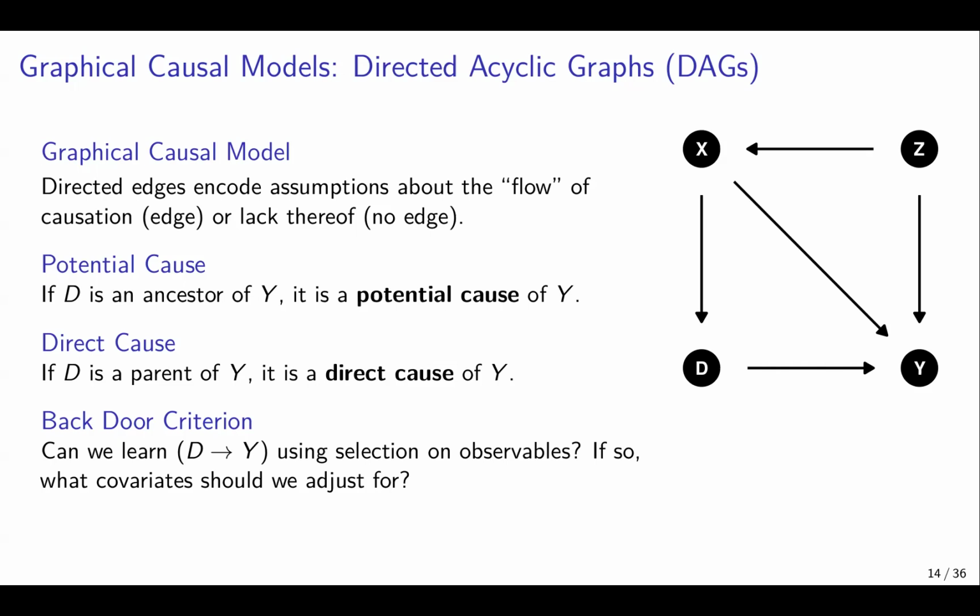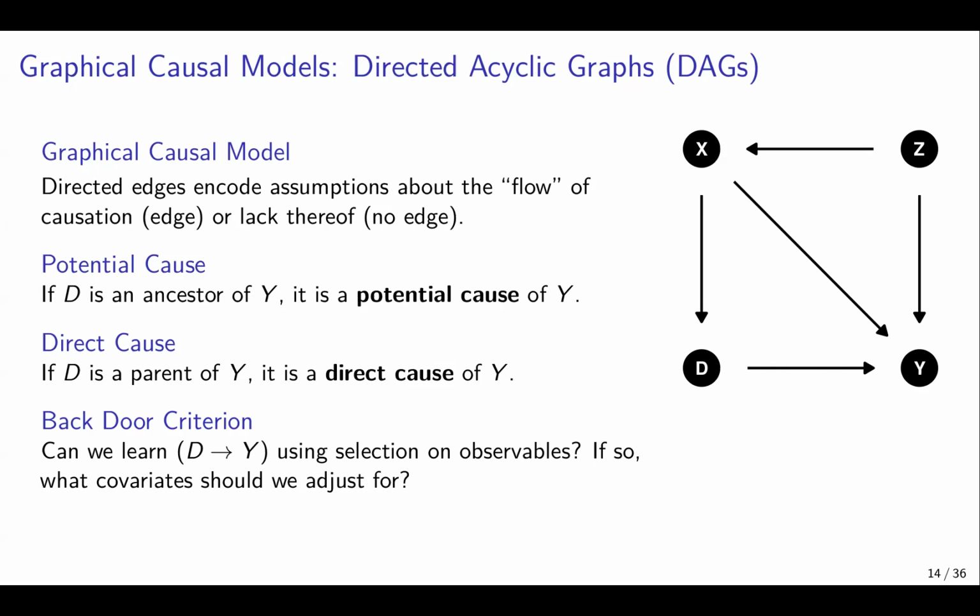So the presence of a directed edge shows that causation flows from one thing to another. The lack of such an edge denotes some sort of lack of causation. If D is an ancestor of Y, we say that it is a potential cause of Y. If D is a parent of Y, we say that it is a direct cause of Y. And remember the distinction between ancestor and parent.